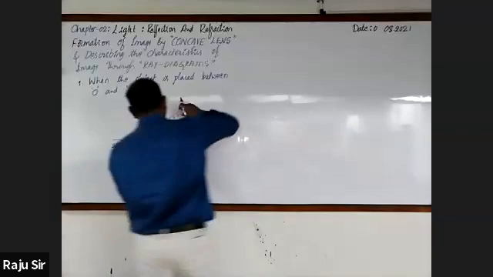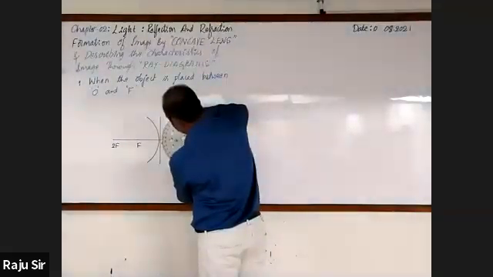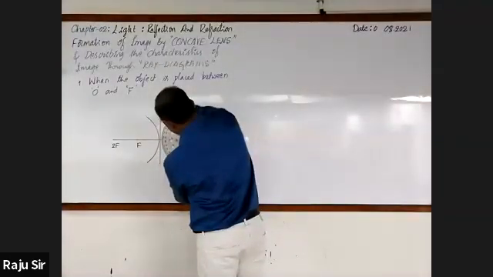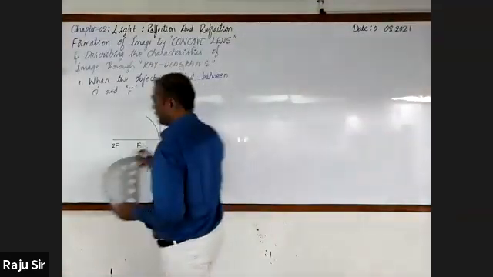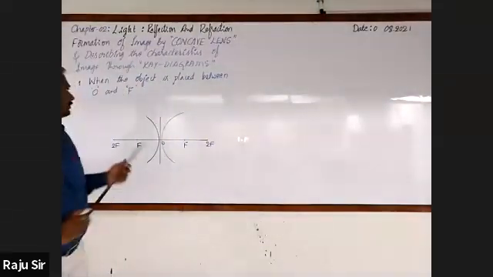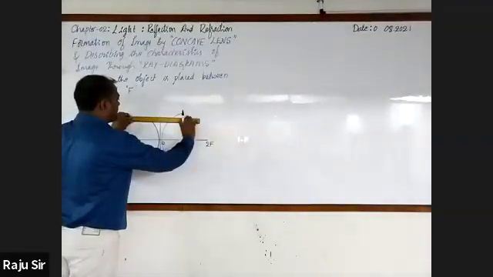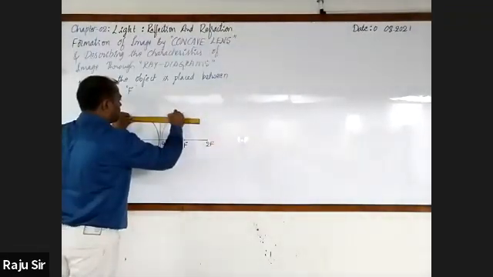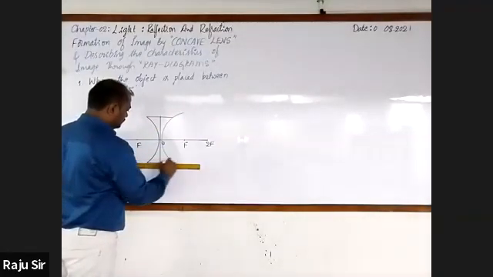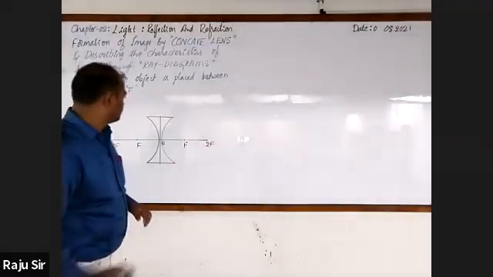Similarly, on the other side as well, just close to the aperture, place the protractor and draw an arc. This is the concave lens. You may even use compasses as well.